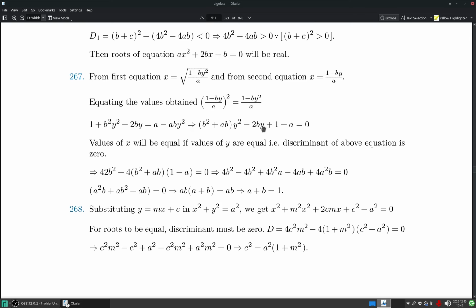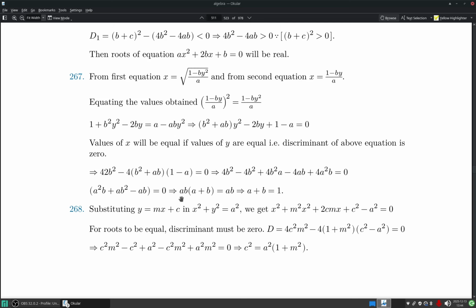Now this is 2by, so it would be 4b square, minus 4 into (b square plus ab) into (1 minus a). We expand this and we get 4b square minus 4b square plus 4b square a minus 4ab plus 4a square b. And 4b square and 4b square will get cancelled. We have a square b plus ab square minus ab is equal to 0.